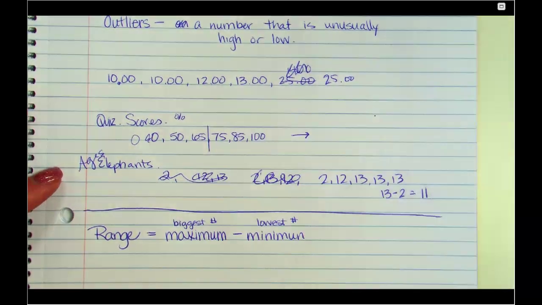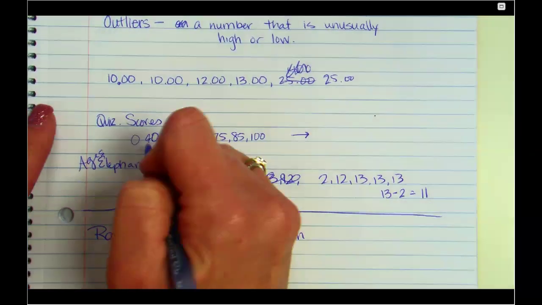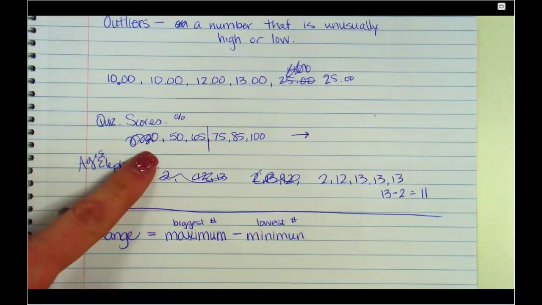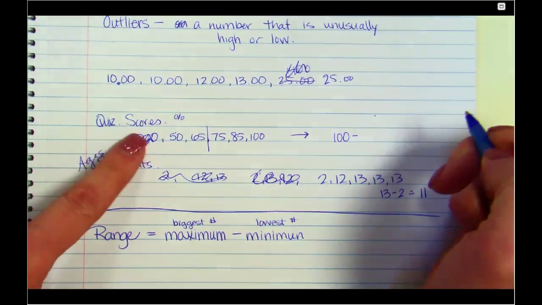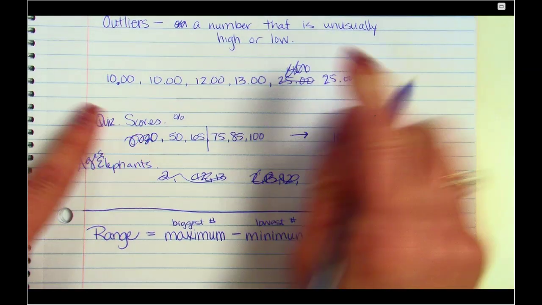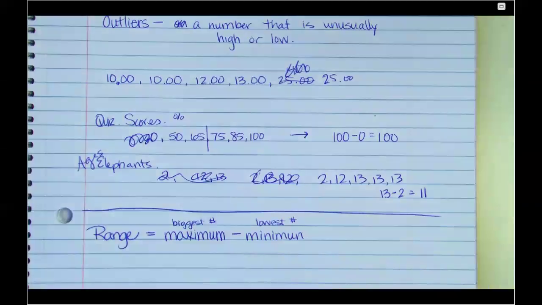Yeah, yes, indeed. Okay? So this guy here, what's the range of the quiz scores? What's the maximum? 100. What's the minimum? It's 0. So it's 100. Okay. Now find the range of those hourly wages at Michigan's Adventure that I wrote down there.